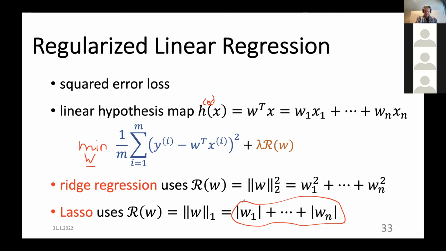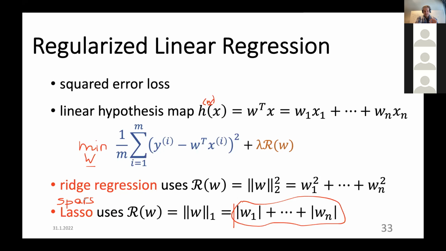compared to the Lasso, which favors... One striking property or phenomenon of this Lasso regularizer is that it favors weight vectors that have only few non-zeros. So this results in what we call sparse or parsimonious models.